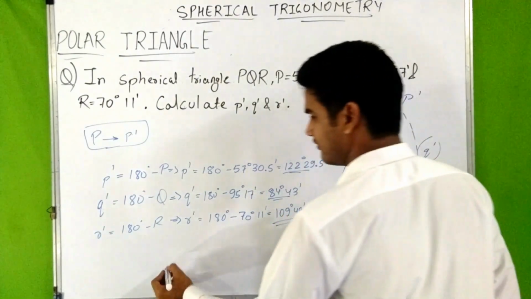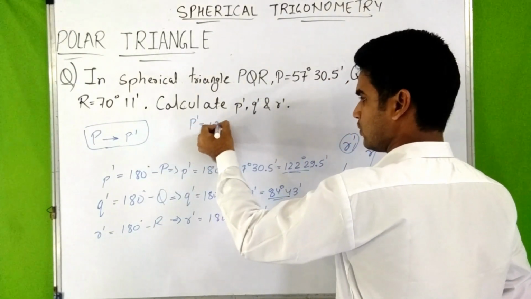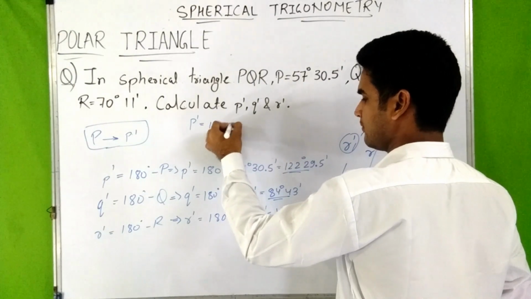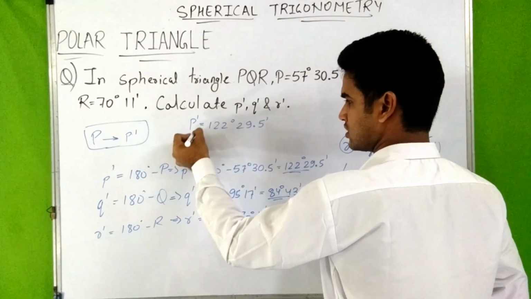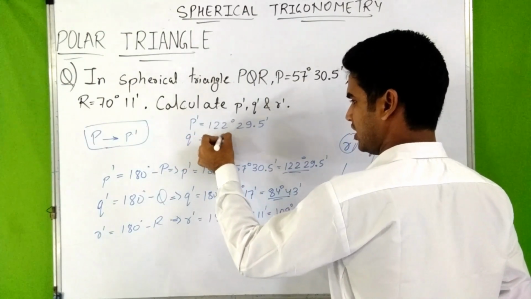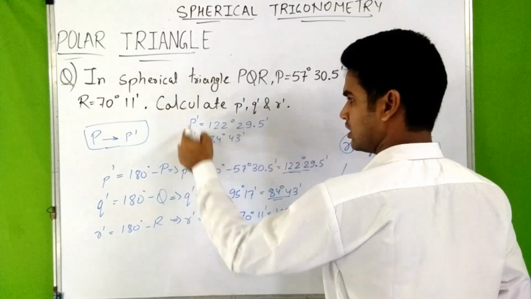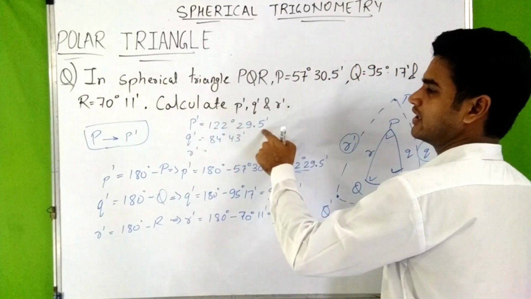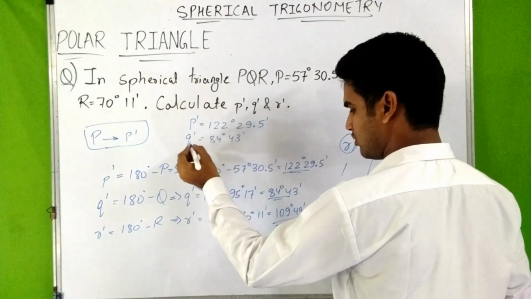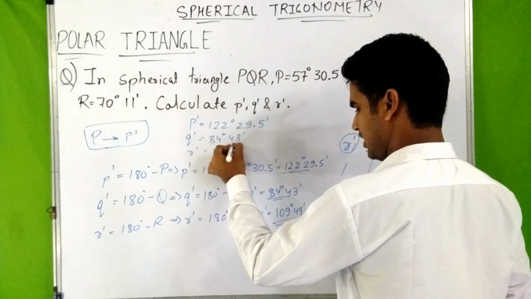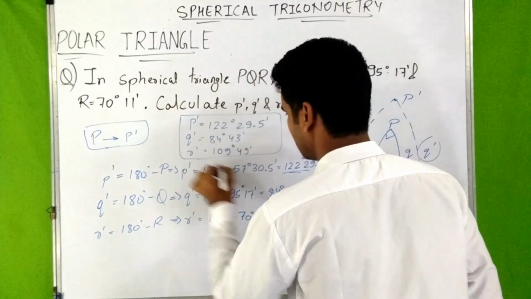So finally, small p dash is 122 degree 29.5 minutes, small q dash is 84 degree 43 minutes, and small r dash is 109 degree 49 minutes. So this is our final answer.